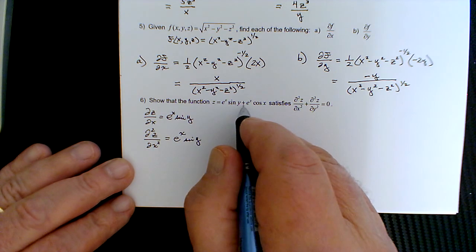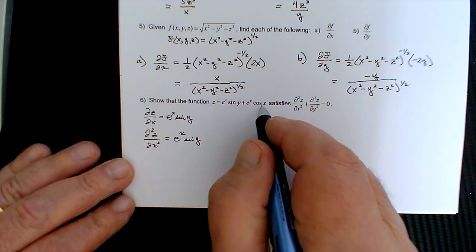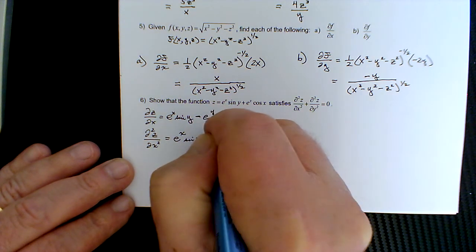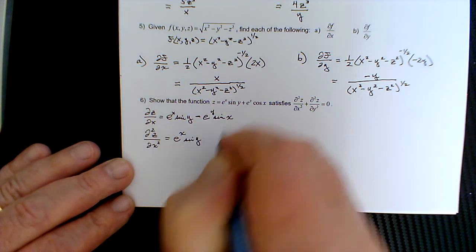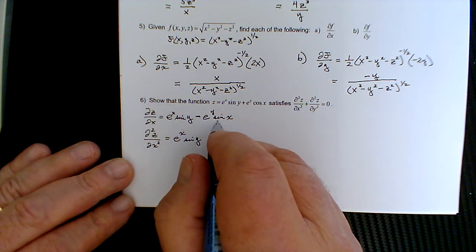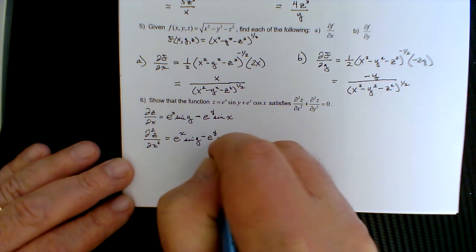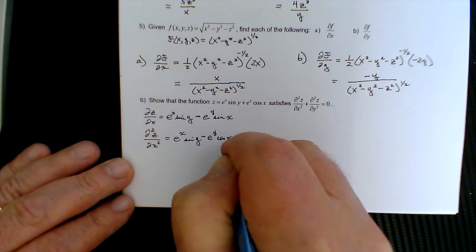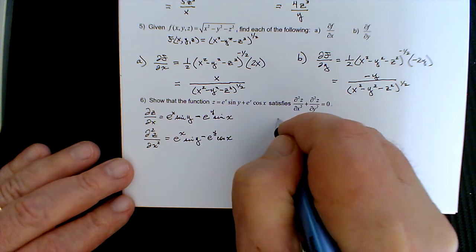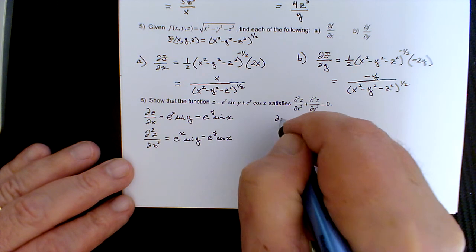So going back to the first part, here's e to the y, then the cosine of x, derivative of cosine, minus sine, so minus e to the y sine of x, and back to the second partial now, derivative of sine is cosine, so minus the e to the y tags along with cosine x. Okay, so that's better.